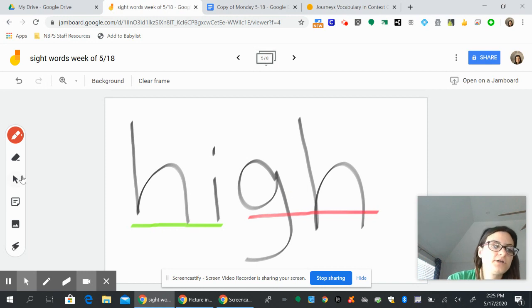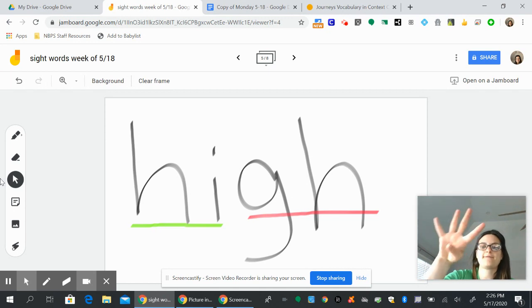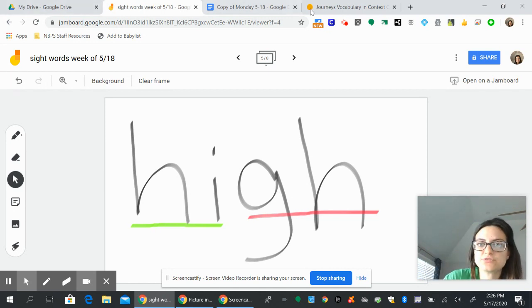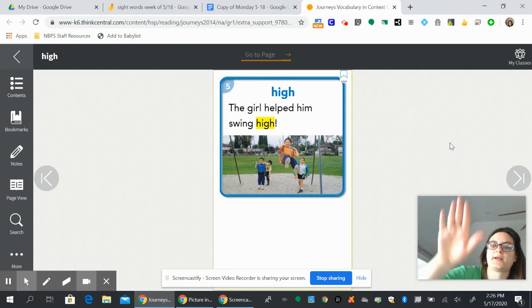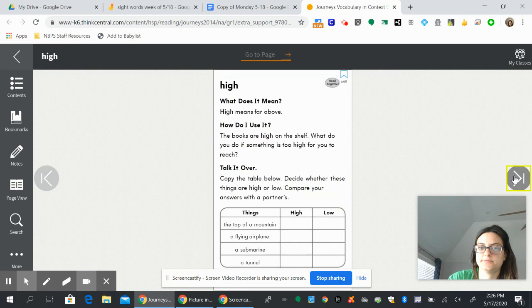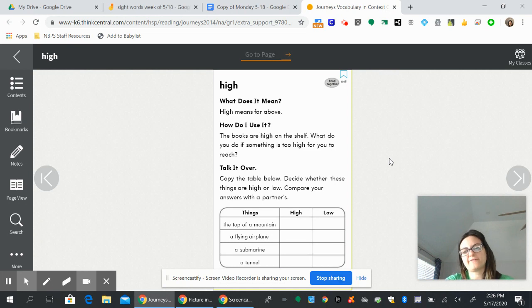Show me with your fingers how many letters are in high, like high, what's high above my head? Correct, there are 4. Let's read the sentence. The girl helped him swing high. So he's going high on the swing. So high means far above. What is something that's too high for you to reach?